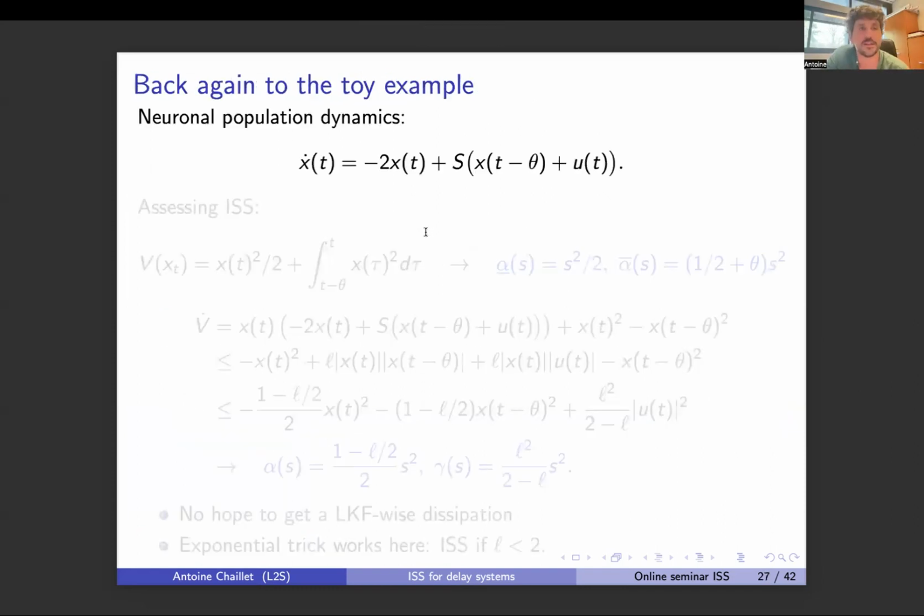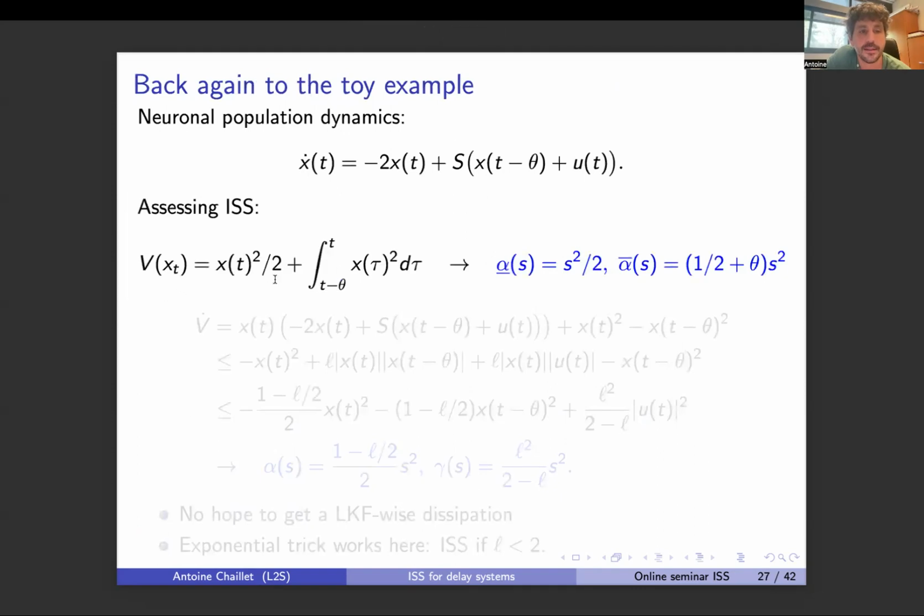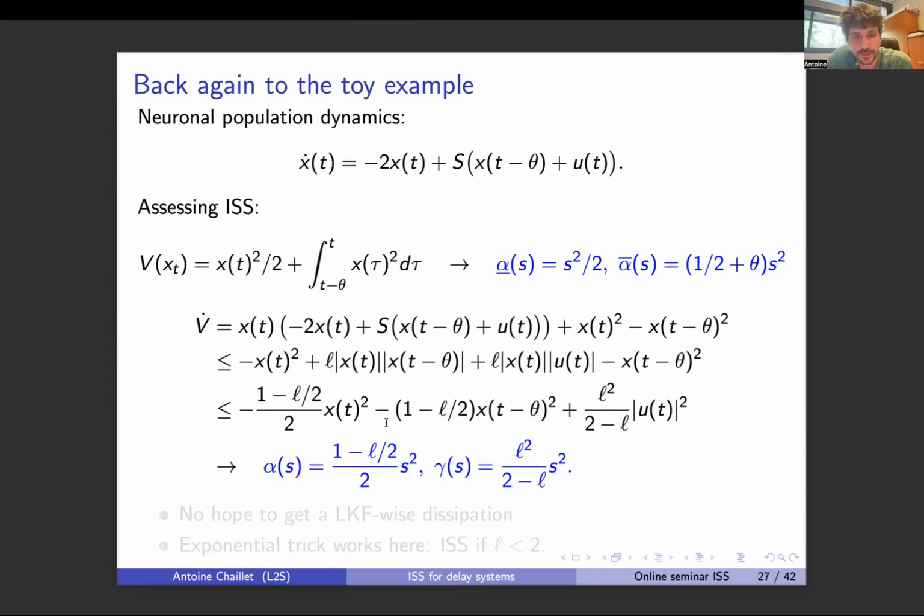So going back to this neuro example, I'm taking the same Lyapunov-Krasovskii functional as before, and I'm making the usual computation to get a pointwise dissipation, also a negative term in t minus theta, and a term in u, okay? So I can estimate the dissipation rate as just a constant times s squared, and the input rate is a constant times s squared as well.